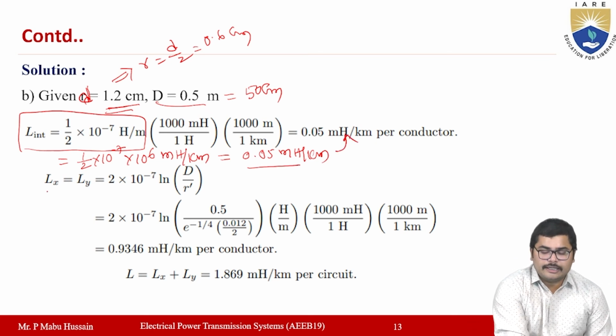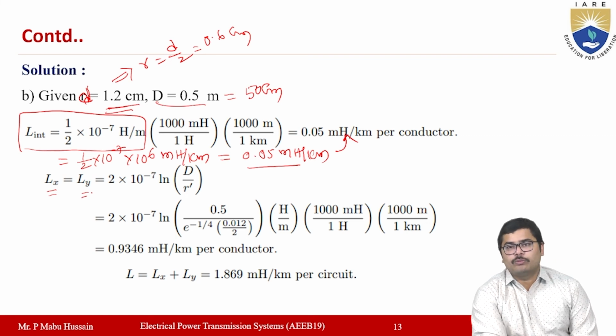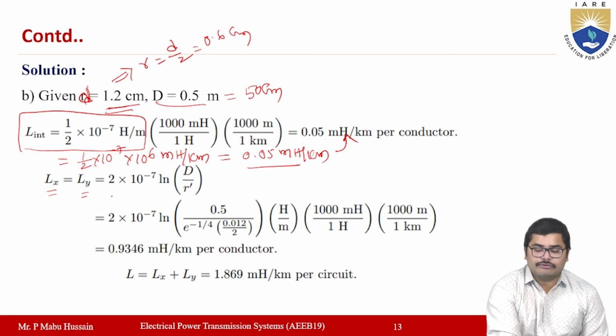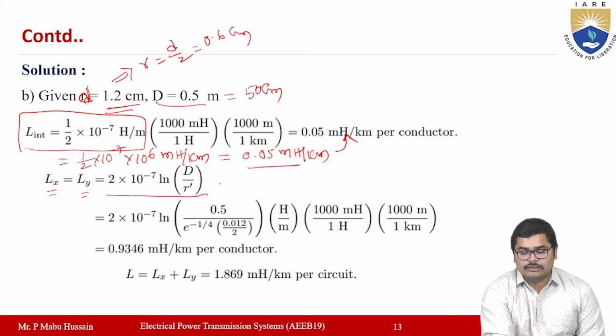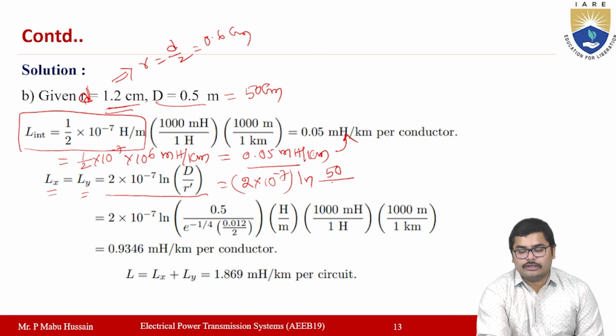Then the inductance of each conductor, considering both internal flux as well as external flux. The formula for calculating the inductance is 2 into 10 power minus 7 ln D by r dash. Now if you substitute the values, 2 into 10 power minus 7 ln D, here D is 50 centimeter, and r dash is nothing but 0.7788 times the r value, and the r value here is 0.6. This value is in Henrys per meter.